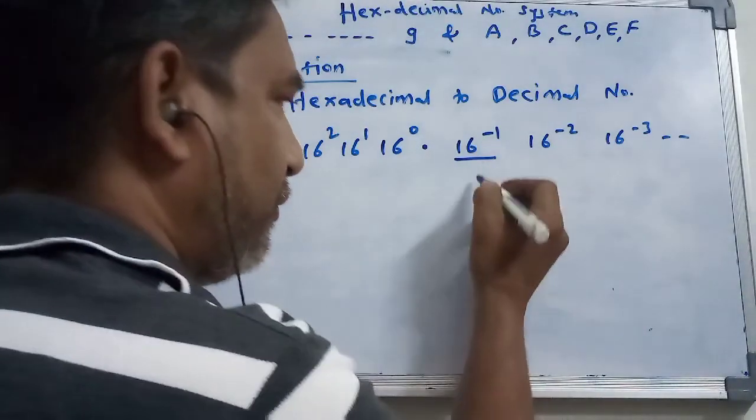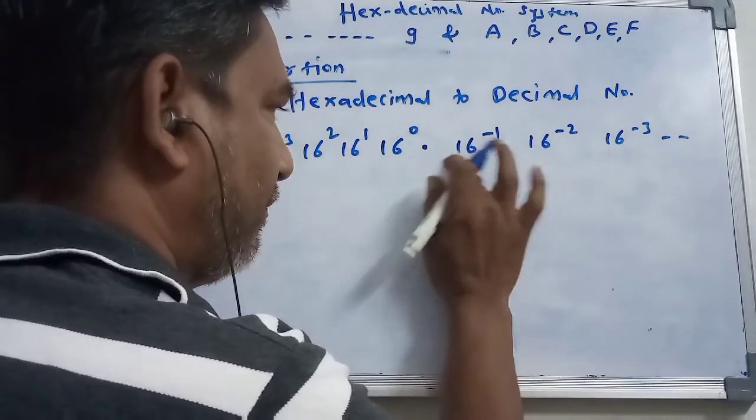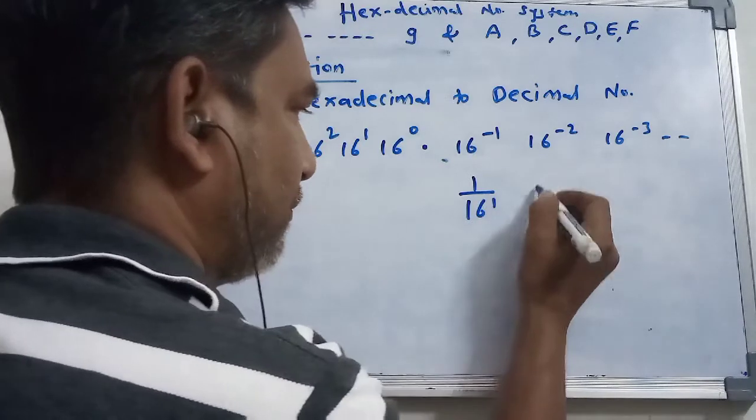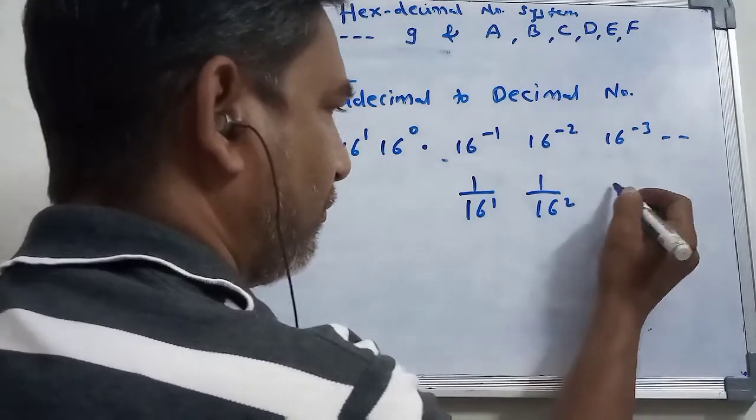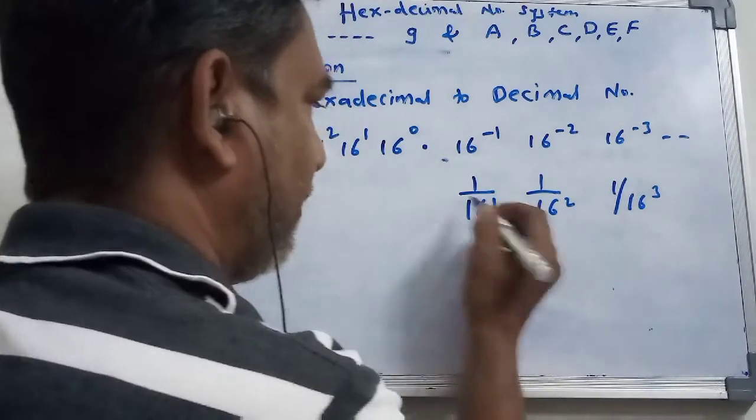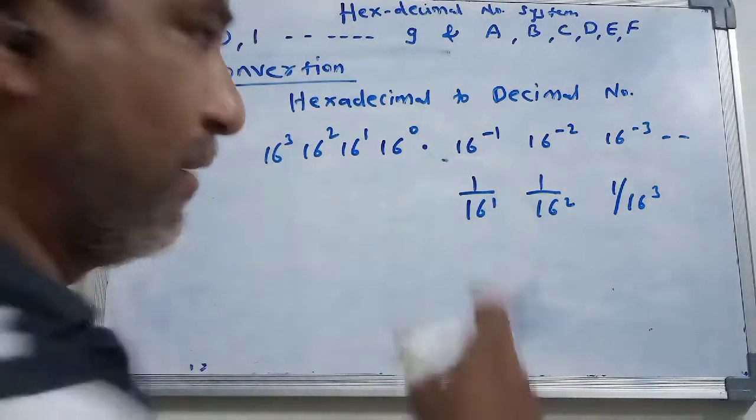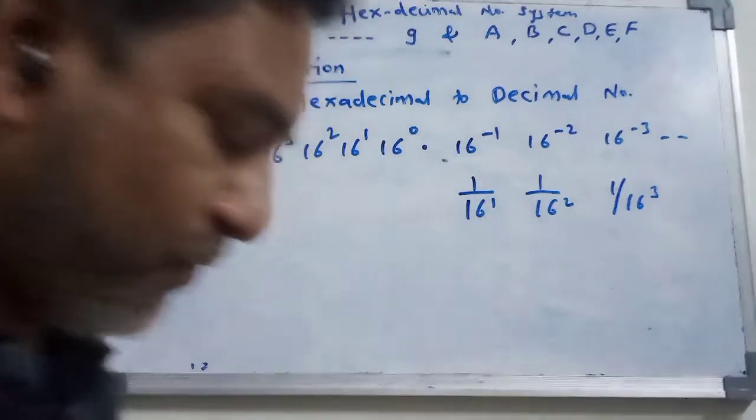Here you have to make the negative powers positive, so you write 1 divided by 16 raised to 1, 1 divided by 16 raised to 2, 1 divided by 16 raised to 3.